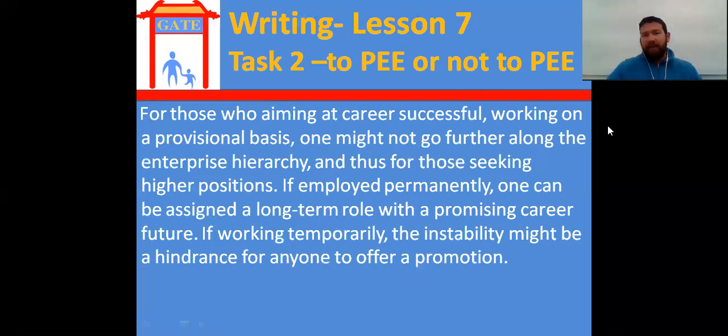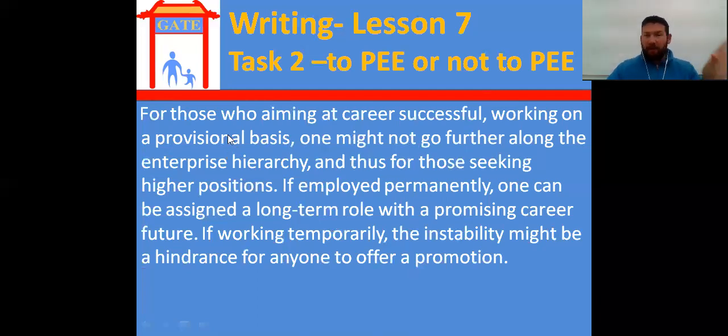If you look at this, they're trying to say if you want to be successful in your career and go along the career ladder to climb up in a company, working part-time is not good. That's actually their position, not a point. So basically, if you want to be successful in your career, constantly changing jobs and having short part-time jobs is not good for this.